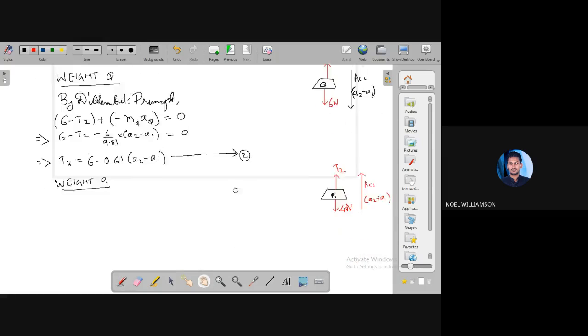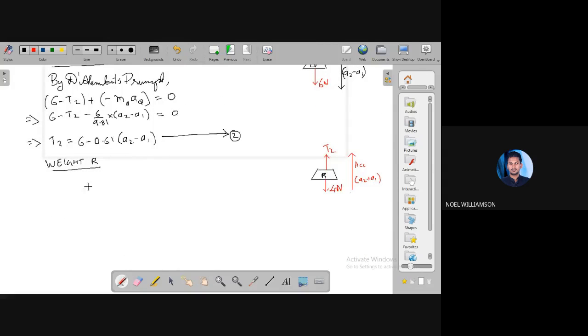Now here also we can apply D'Alembert's principle. By D'Alembert's principle, the forces in the direction of acceleration are taken as positive. So T2 minus 4, which is the resultant force, is in dynamic equilibrium with the inertia force.